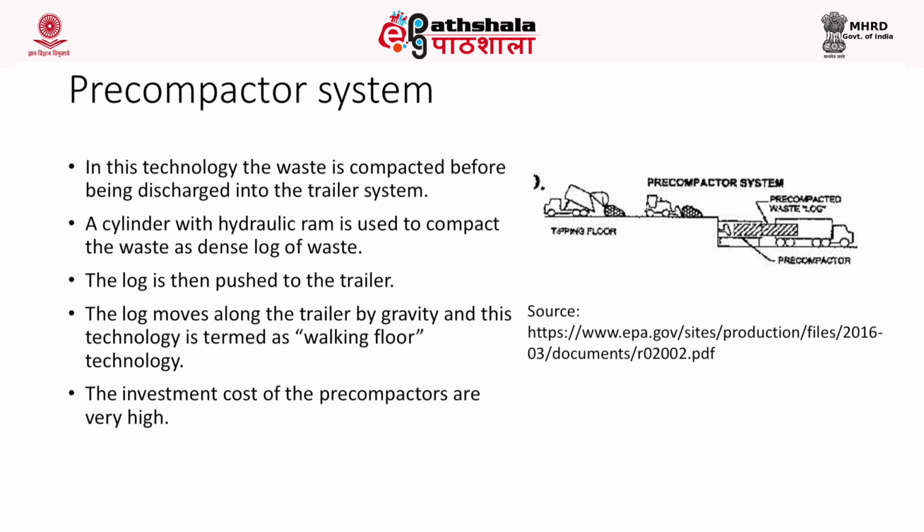The investment cost of the pre-compactors is generally very high. On the right hand side, you can see the image of how the waste is being dropped onto the tipping floor, and slowly it is compacted like a huge log, and the log is carried off with gravity.